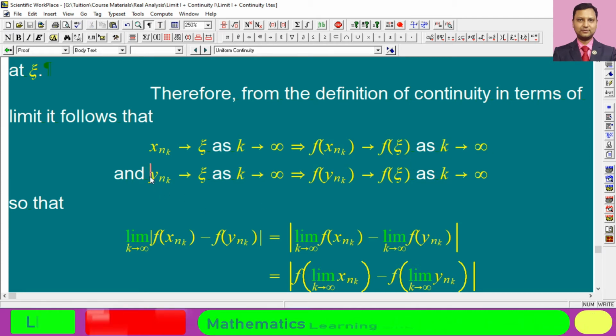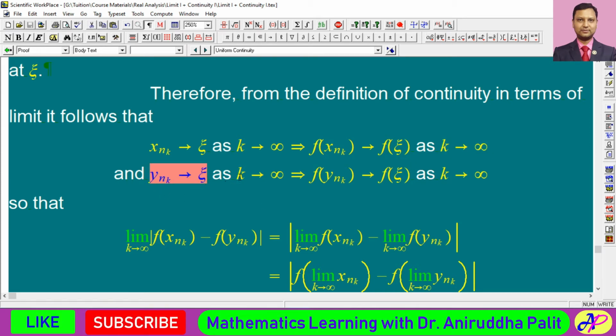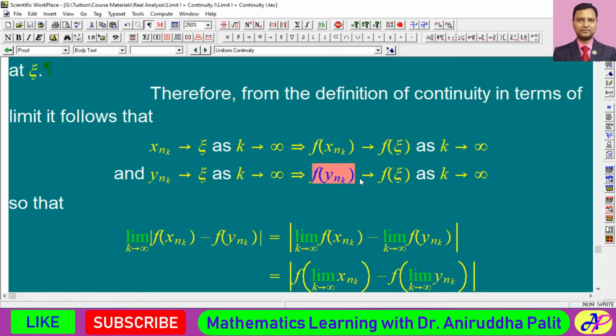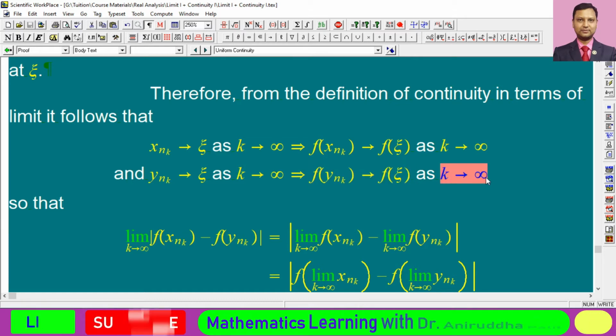Similarly, ynk converges to xi as k tends to infinity, and this implies that f of ynk should converge to f of xi as k tends to infinity.